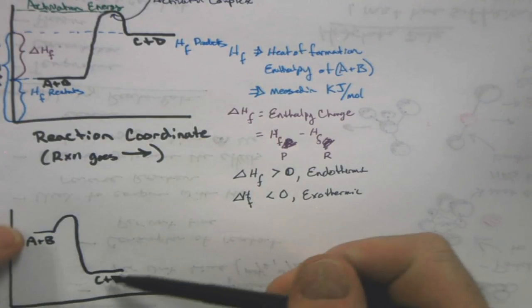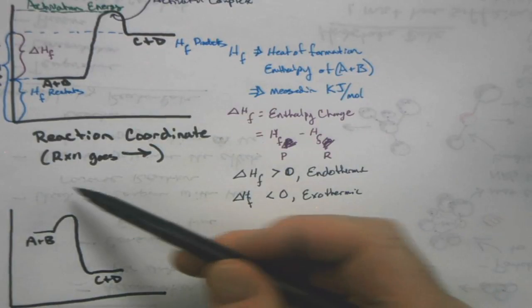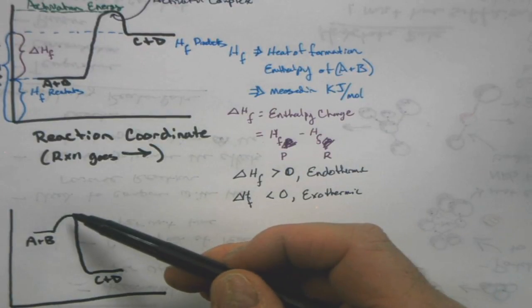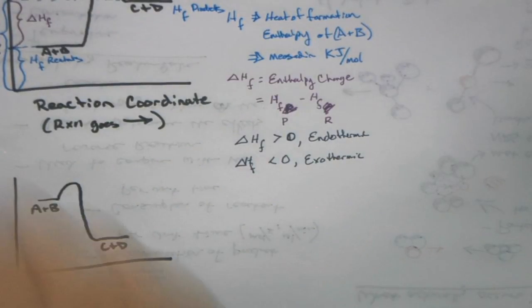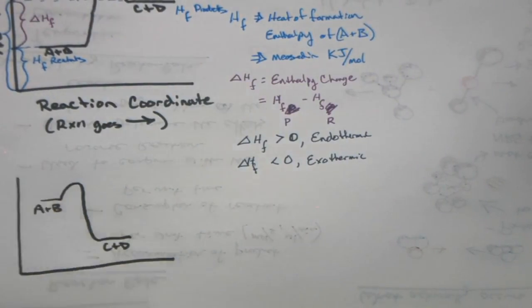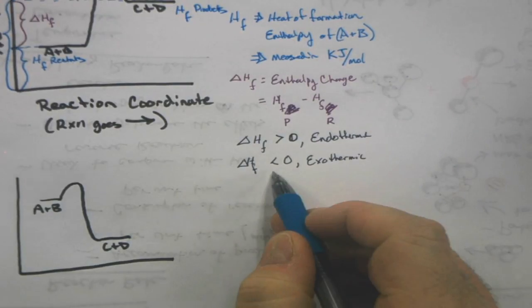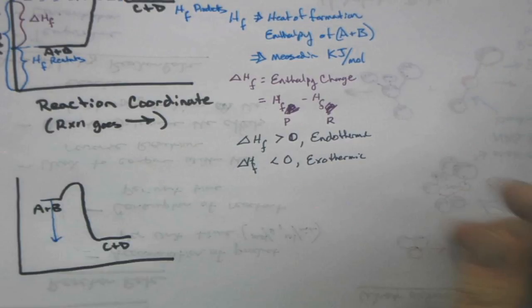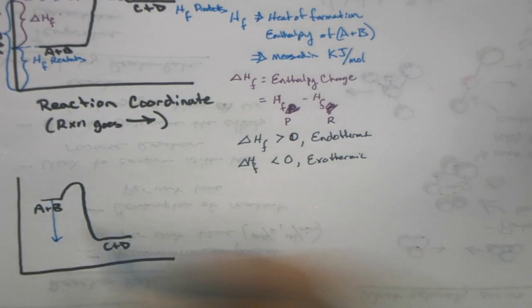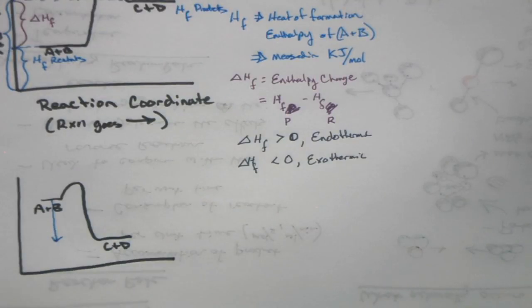A and B and C and D are positioned opposite, but we still have the activation energy. This will give us a heat of formation that is less than 0, because we'd be going from here down to there, right? And that would be a negative heat of formation. Here's what an activation energy looks like.